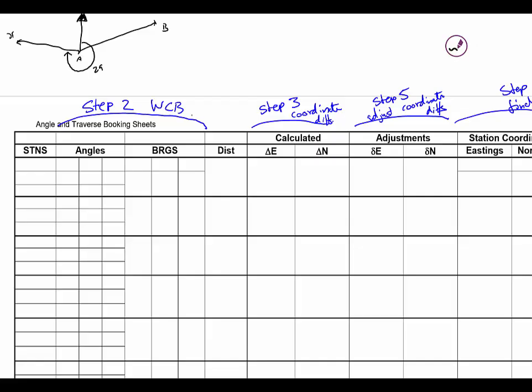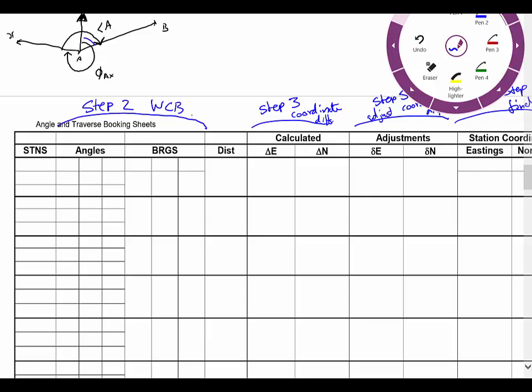So this is the whole circle bearing AX. We've also stood at A with our total station and measured the angle at A, going clockwise from the back station. And this is angle A. What we want to find is the whole circle bearing to AB.